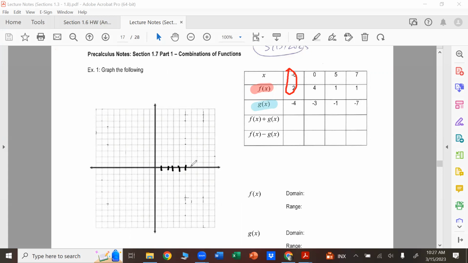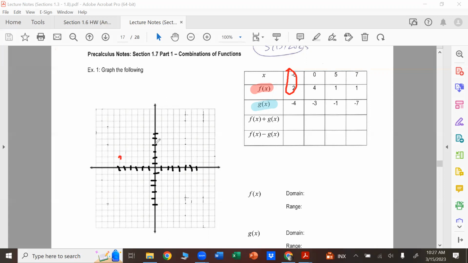So 6, 7, 1, 2, 3, 4, 5, 6, 1, 2, 3, 4, 5, 6, 1, 2, 3, 4, 5, 6. Okay.